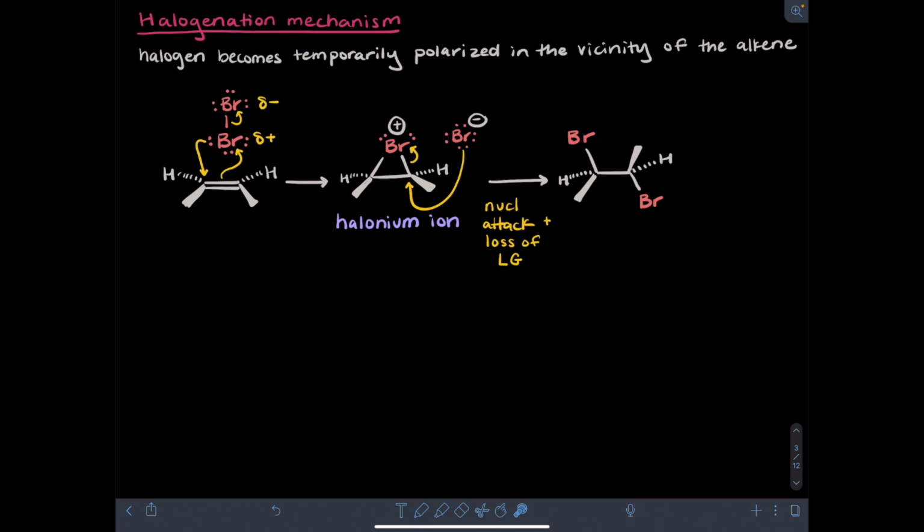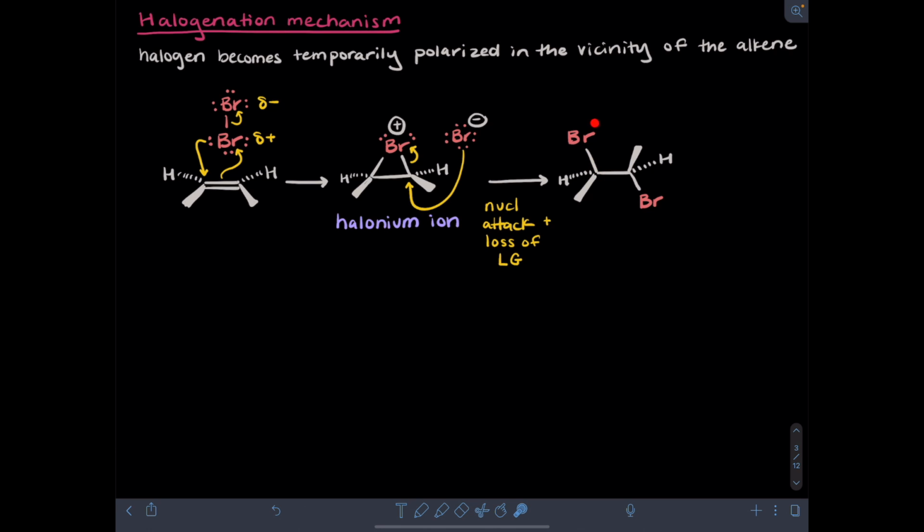This step forms a new carbon-bromine bond, in this case because I attacked the carbon of the ring on the right. This new carbon-bromine bond on the right is new, and the bromine that was in the middle of the molecule retained its bond to the carbon on the left. So that is this bond in the product.